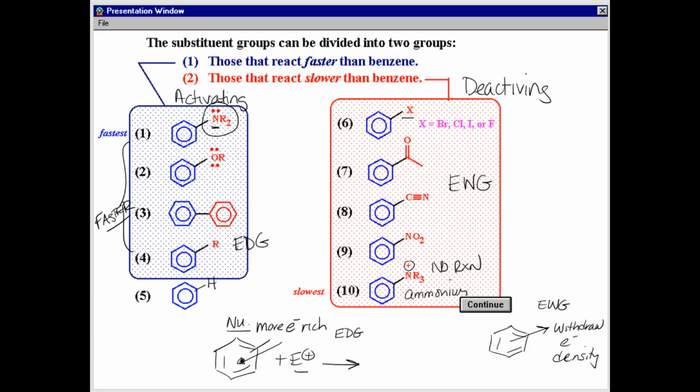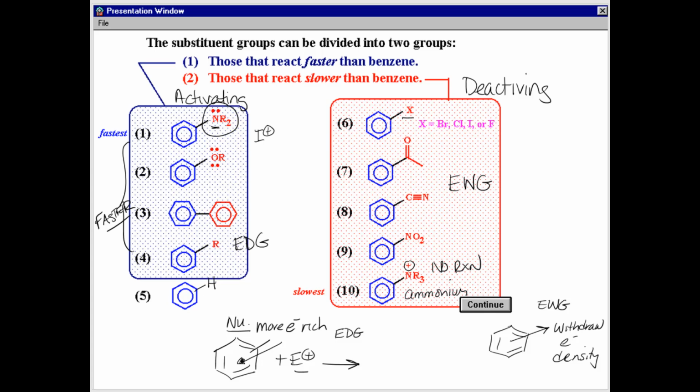When I first got to John Carroll 26 years ago, we had a master's program, and one of the master's students was one of my TAs in the lab, and she was doing electrophilic reactions, trying to add an I+ to the ring. And so she said, well, what reaction can I get to go the fastest? And I said, well, in lecture we talk about a nitrogen group being on the ring, that will cause it to go the fastest. So she goes, oh, okay, maybe I'll try that out.